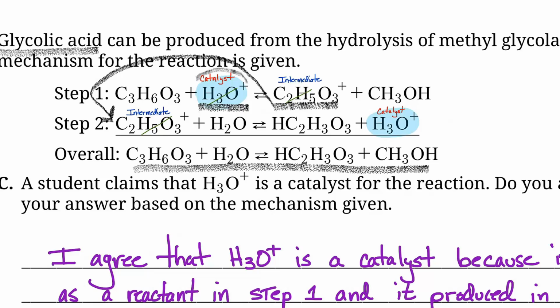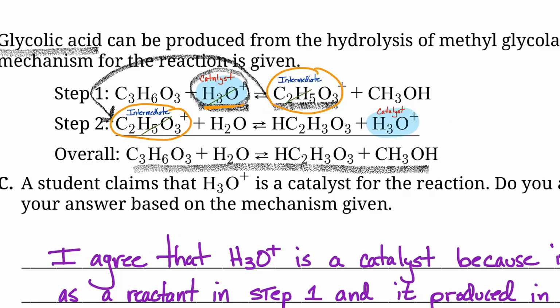Well, it's this guy, H3O plus. It created these steps because what it essentially did was create an intermediate, which is a high energy reactive molecule that's now going to react vigorously. Without this intermediate being produced, you don't have a second step, and what created the intermediate was the catalyst.